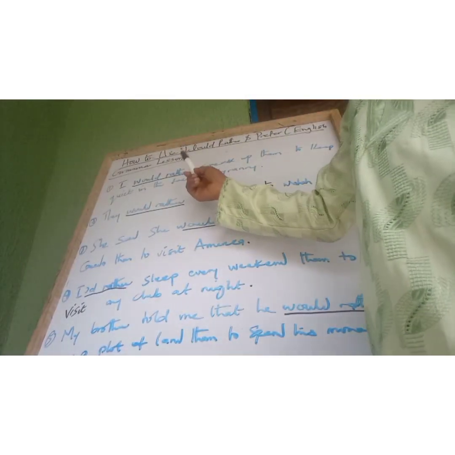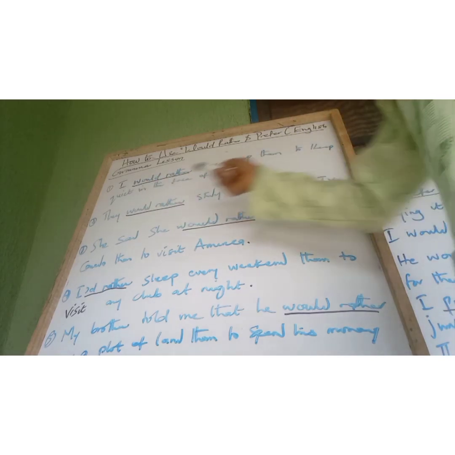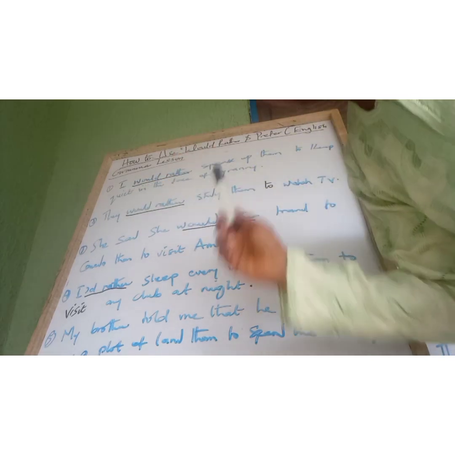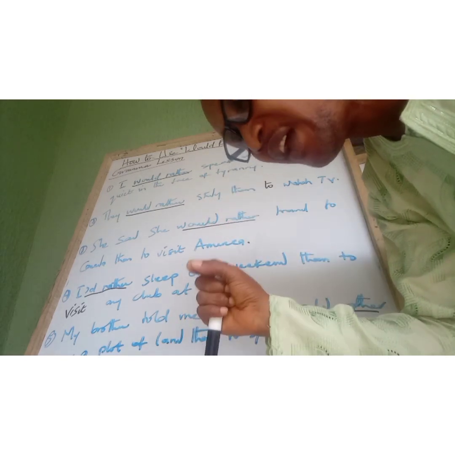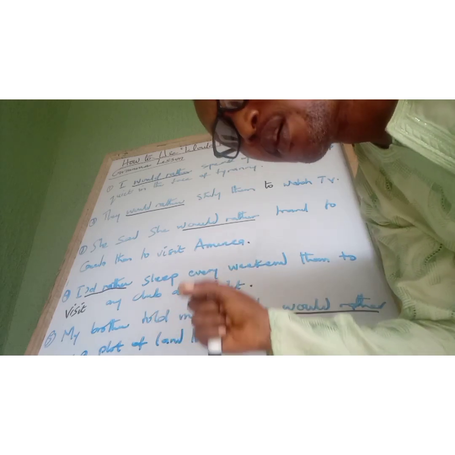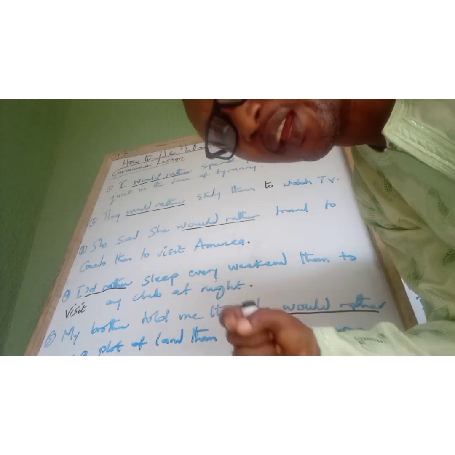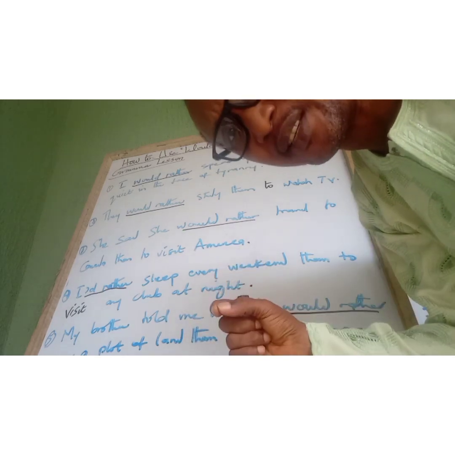So the first one is, I would rather speak up than keep quiet in the face of tyranny. I would rather speak up whenever I see anything that is wrong than keep quiet in shame or as a display of cowardice.